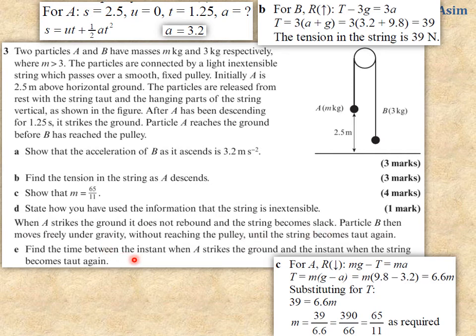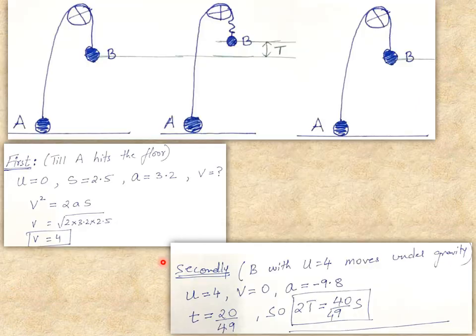In that previous question they were asking us to find the total distance. Now they are asking us the time between the instant when A strikes the ground and the instant when the string becomes taut again. I've made a nice diagram. In the next slide you will understand what the question is talking about. When A has reached the ground, let us say B was here.